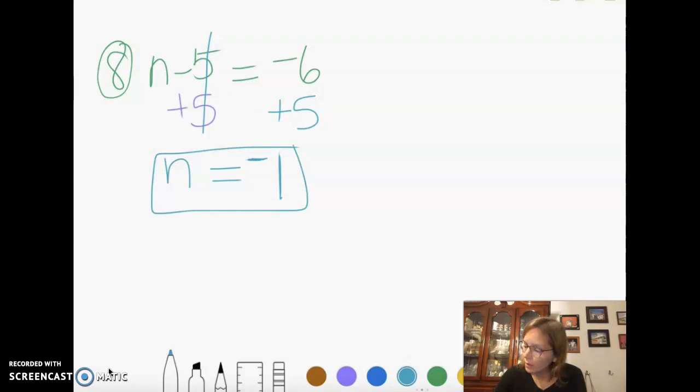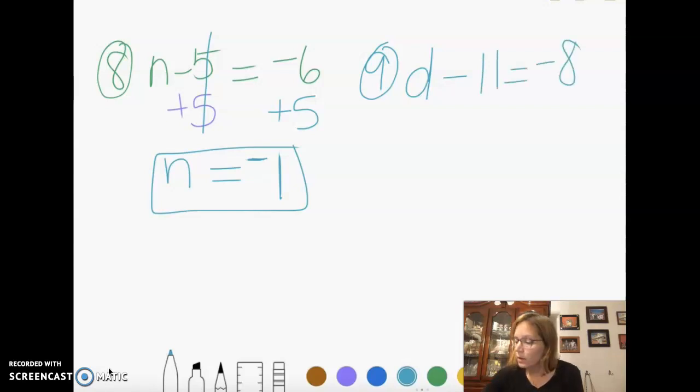One more. Number 9. d - 11 = -8. So -11 is happening to the variable, so I'm going to do the opposite. I'm going to plus 11. Whatever I do to one side, I have to do to the other.